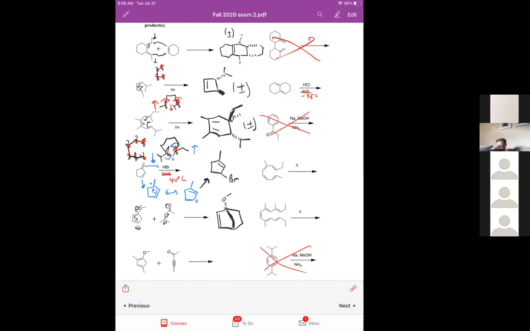And for this one, we have a little bit different than normal, but we want the largest groups on our dienophile to go away. And then this one methyl, because there's 2 of them there, one of them has to be going forward. Should give us this answer.